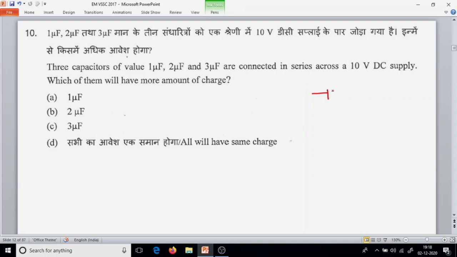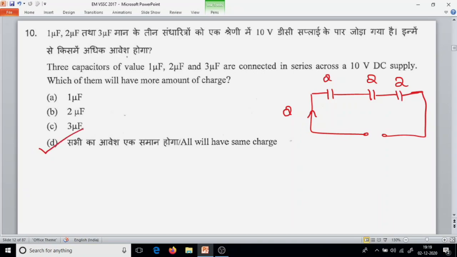When capacitors are connected in series combination, I already told you in one of the previous questions: charge will be equal. All capacitors will have the same charge, since the same charge flows through a series combination of capacitors. So the answer is option D, all will have the same charge.